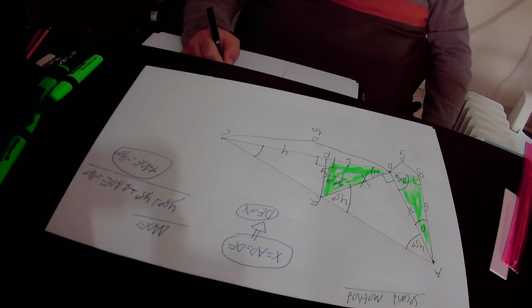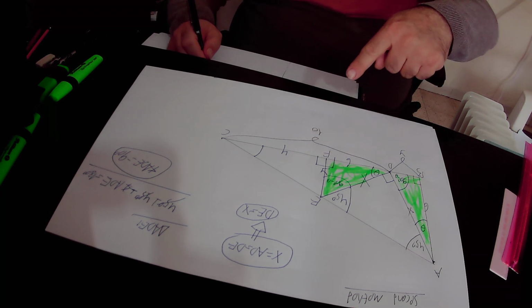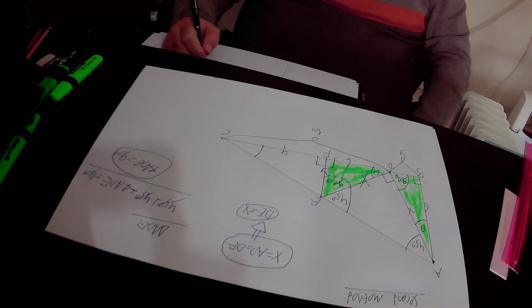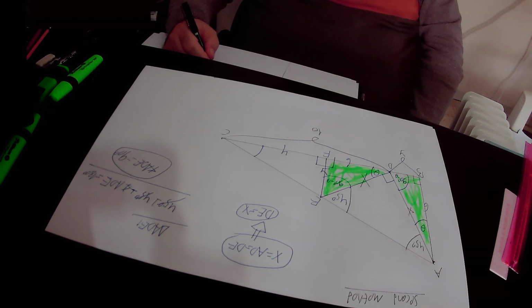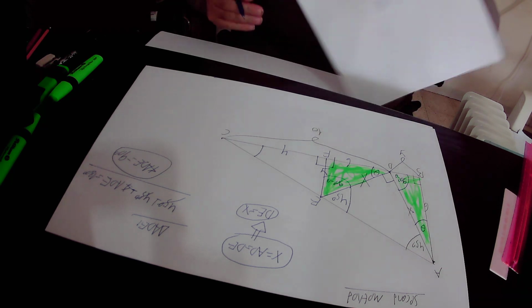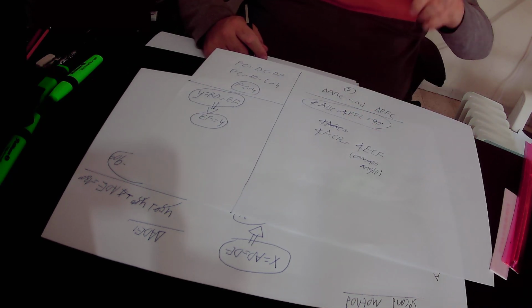Angle ACB is equal to angle ECF. Why? Because it is a common angle that belongs to both triangles. Okay? I repeat again: angle ACB equals angle ECF. It's a common angle.